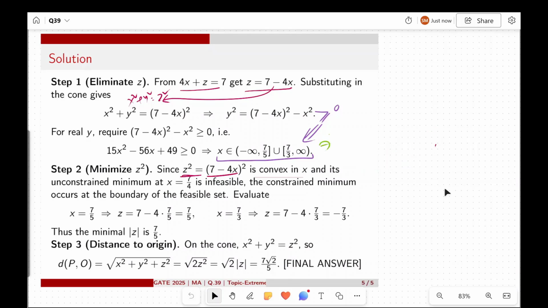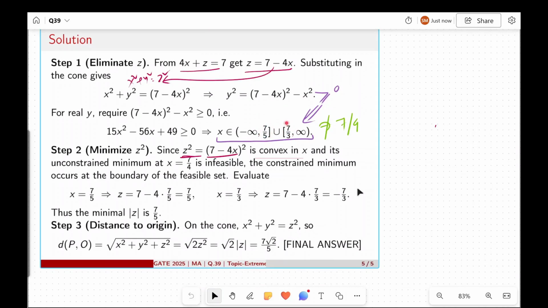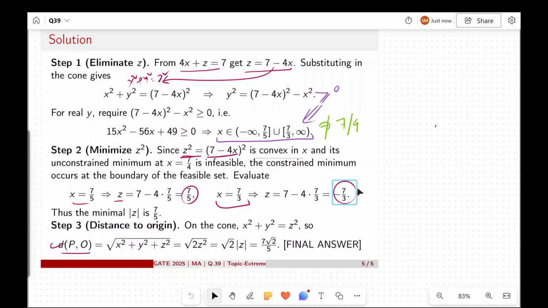But this interval does not contain 7 by 4, so we check separately at the endpoints 7 by 5 and 7 by 3. First we choose x equal to 7 by 5 and find the corresponding z. Then we choose x equal to 7 by 3, for which z equals minus 7 by 3. Then the distance d equals root of x squared plus y squared plus z squared, which is root 2 times mod z, and so we get 7 root 2 by 3.